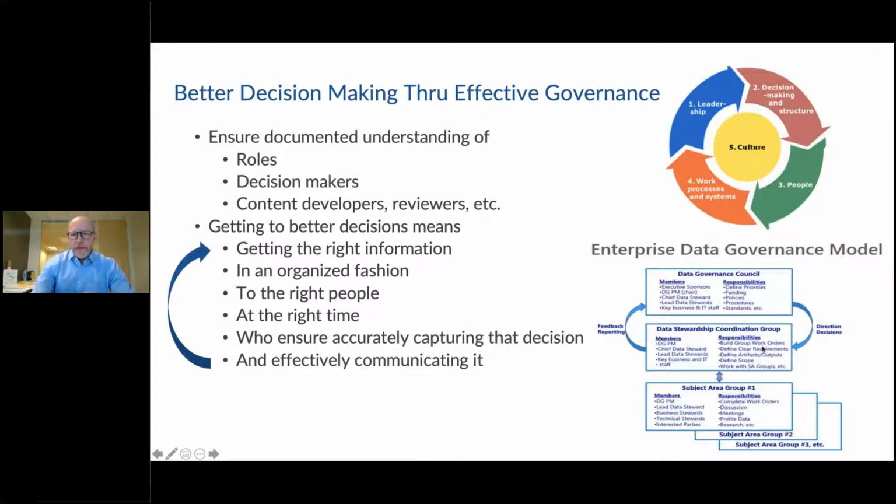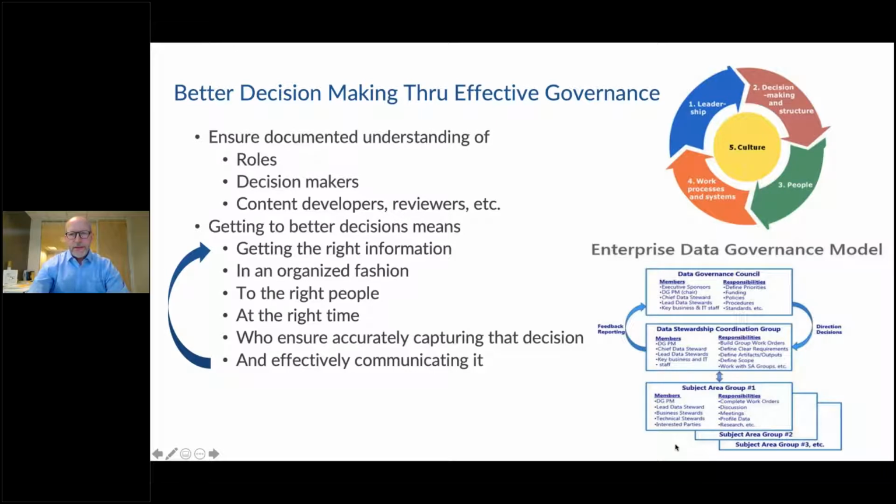So if you look in the lower right, you can see here a governance model that gives you a sense of who the players are and how the groups may interact with one another. And then you can also see that there's a bidirectional flow of information. And this is really key to remember: information and decisions shouldn't just flow up. It needs to be, again, very bidirectional.